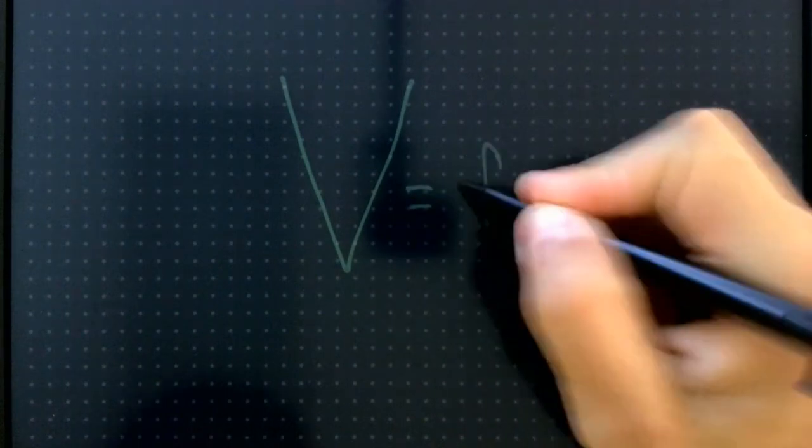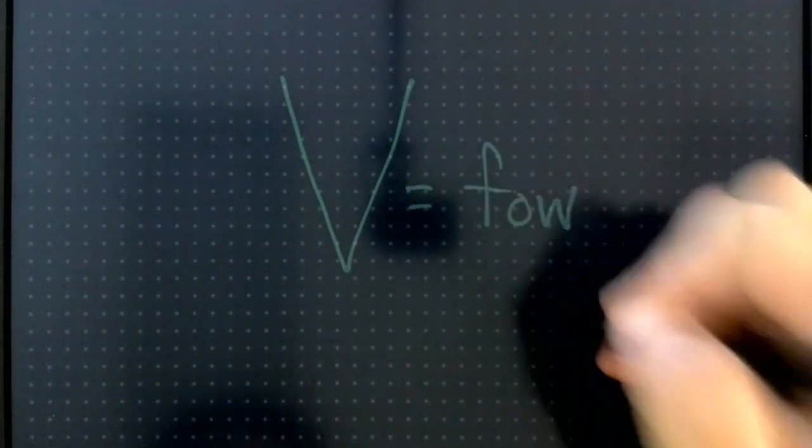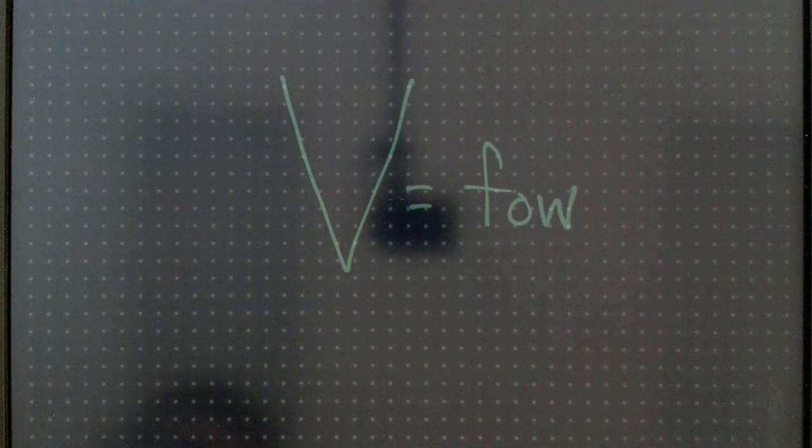Alright, moving on to the letter V. Okay, so the German letter V is pronounced "fow." This is almost like the pronunciation of the English word foul, F-O-U-L, but without the L sound.